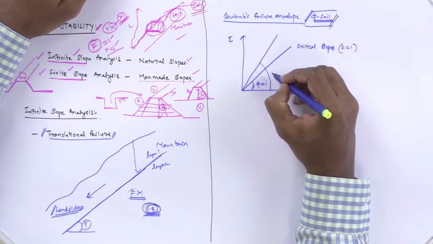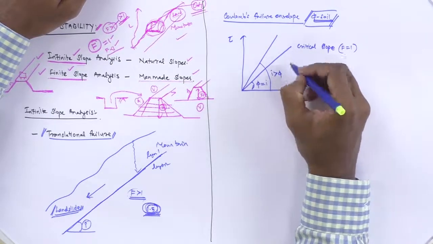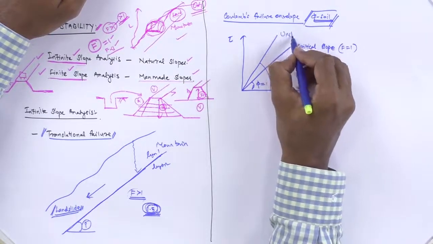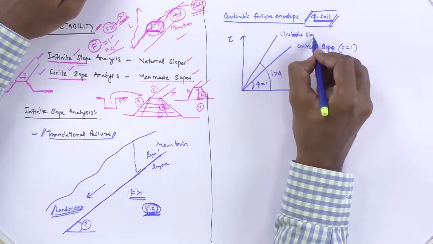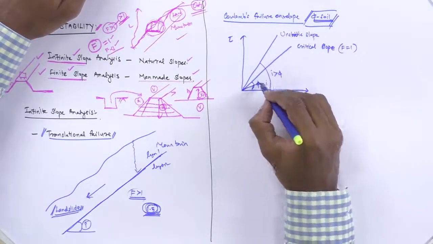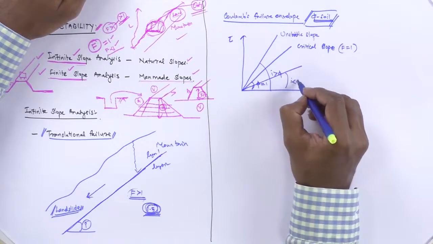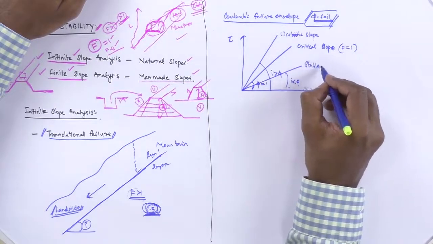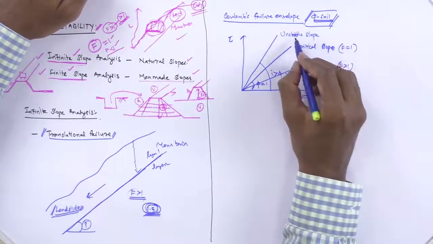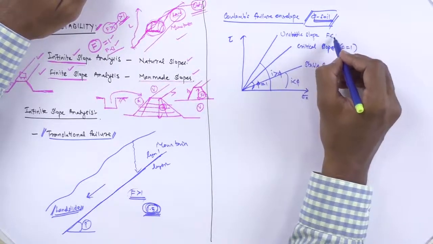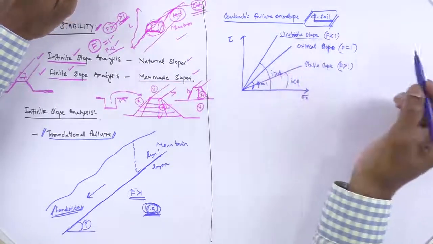When I is greater than phi, this is not a possible slope, it is an unstable slope, with factor of safety less than 1. When I is less than phi, it is a perfectly stable slope, and the factor of safety is greater than 1.